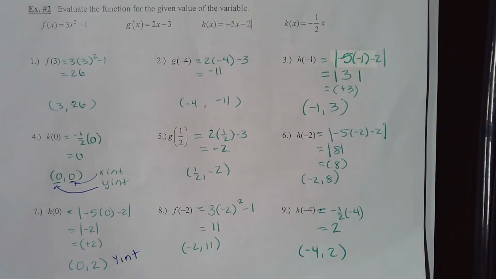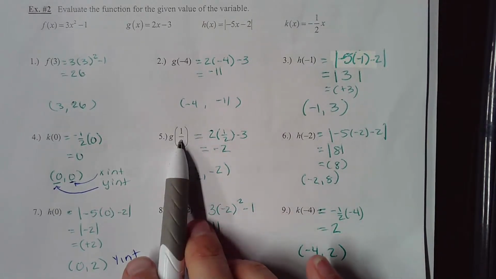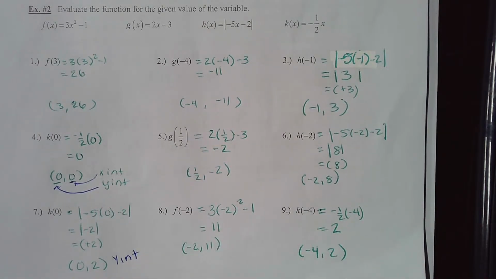Now, this is all fine and well, but what if we had something harder? What if instead of the input, I gave you the output? That could very well happen. So here's what I want you to do. I want you to look at number 5. And instead of it being that problem, we are going to change it just slightly.